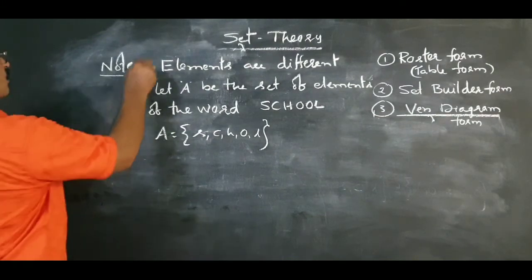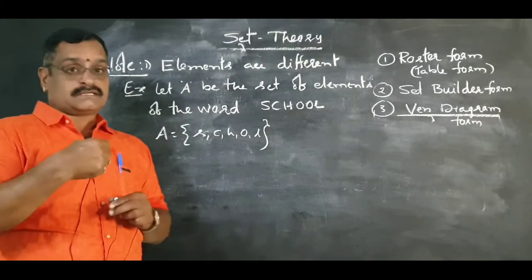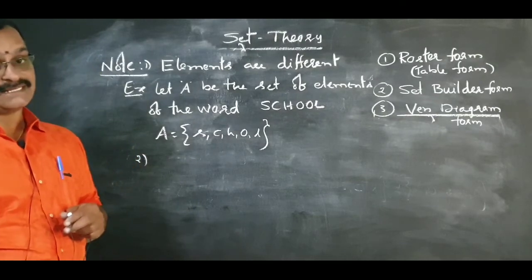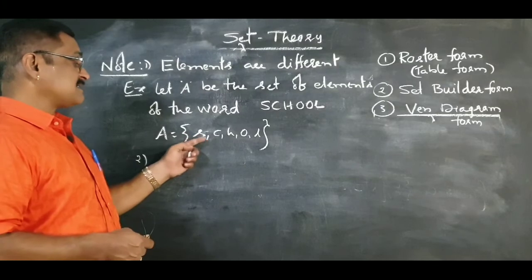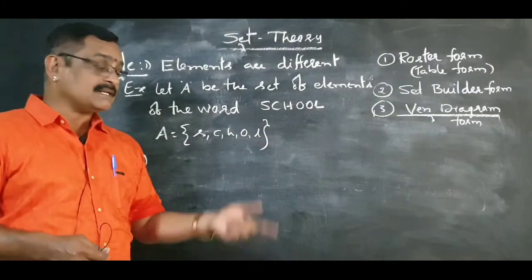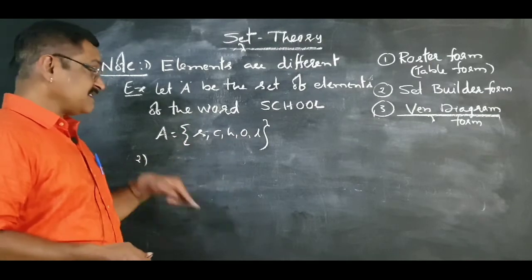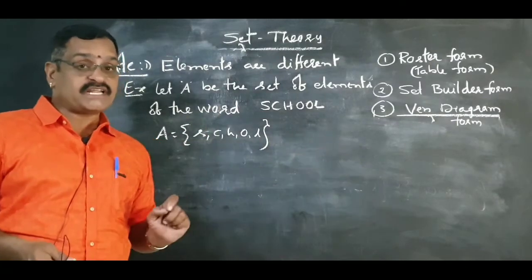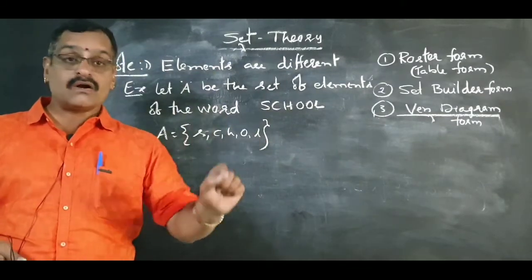And the second note is the order of the list is immaterial. What is the meaning? I can write S, C, H, O, L. This is the same as L, O, H, C, S. This is the same as C, S, H, O, L. The important thing is whether all the elements are listed or not, not the order.